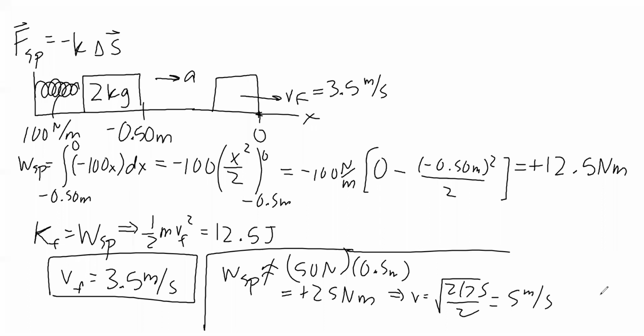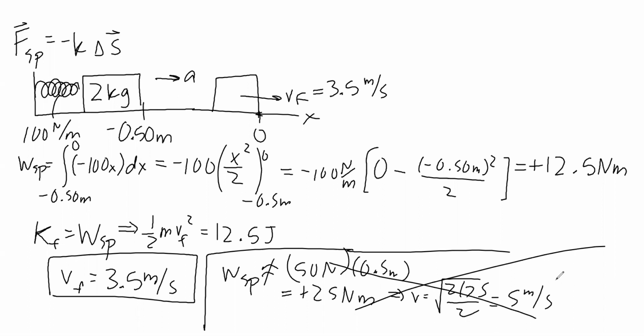Okay. Again, that was incorrect at the very beginning. Our assumptions at the very beginning were wrong, assuming that the force was constant. When we assume that the force decreases, we're able to get the correct answer. And these two numbers are related.